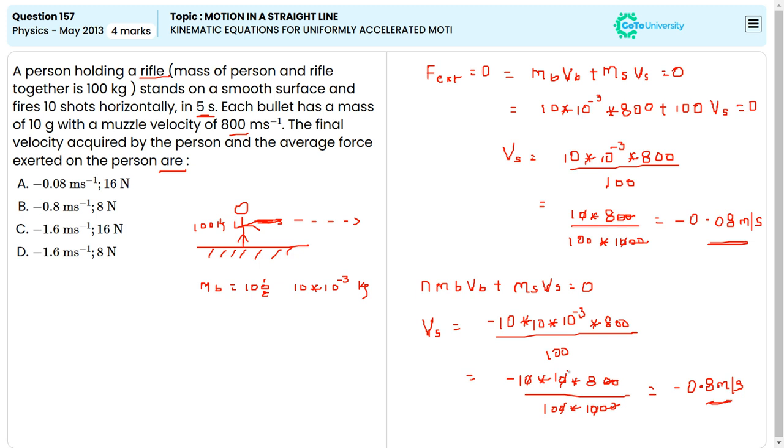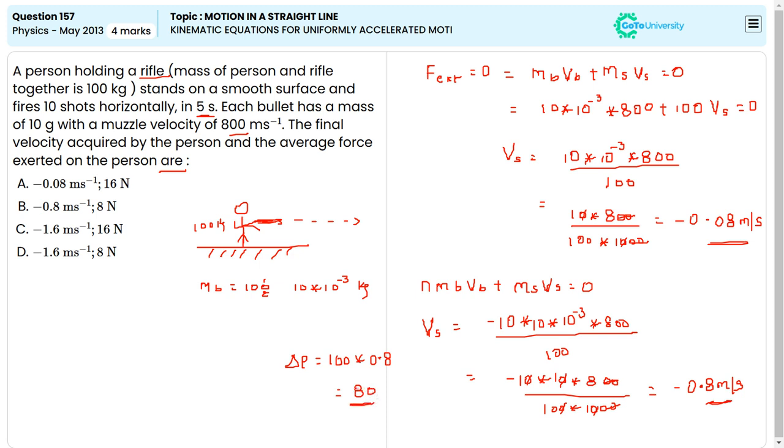Then we can find the delta P. Delta P is equal to 100 into 0.8, which is nothing but 80.